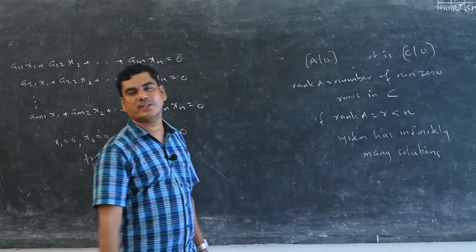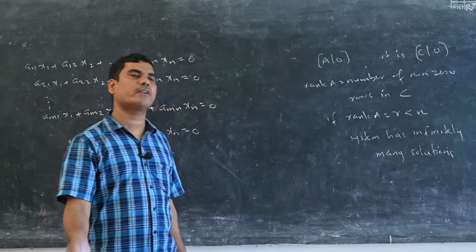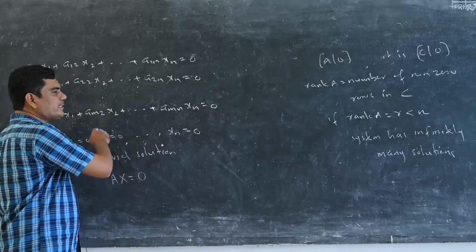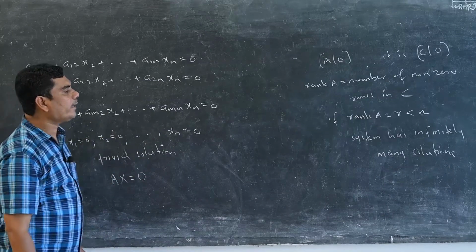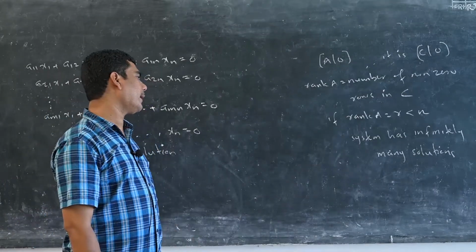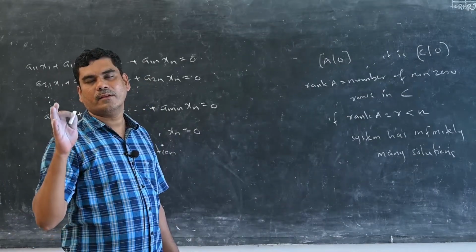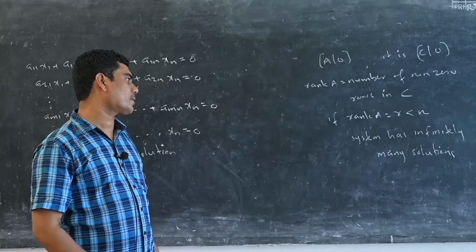That means this homogeneous system also has non-trivial solutions. A solution other than complete zero is called a non-trivial solution. When rank is less than n, the system has infinitely many solutions.